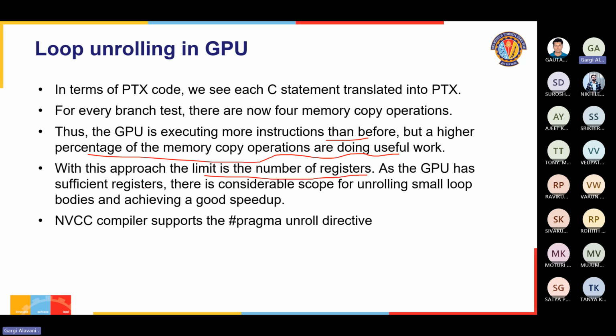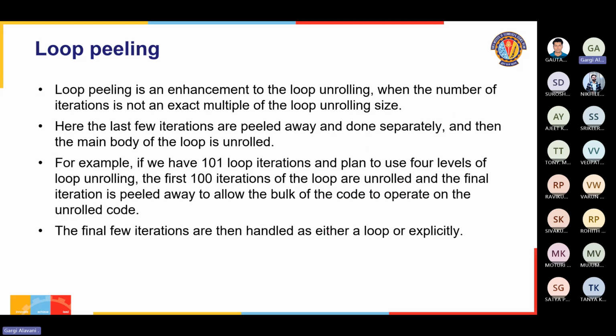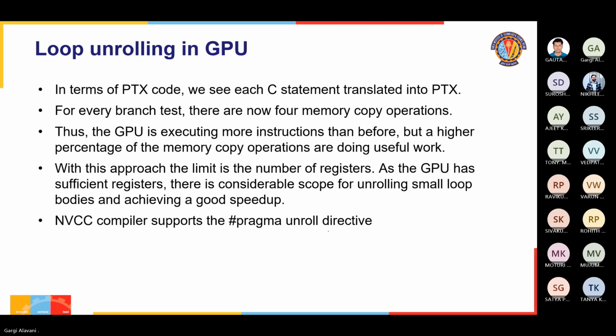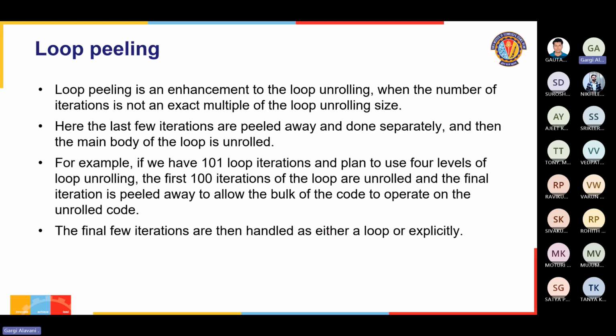If your GPU has sufficient registers, you can have considerable scope for unrolling, and that should help you gain good speed up. The NVCC compiler also provides you the #pragma unroll directive with which you can unroll. It asks for a number, and based on the number, it will unroll.